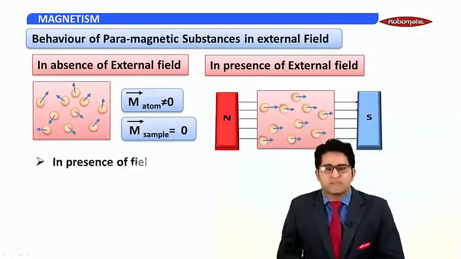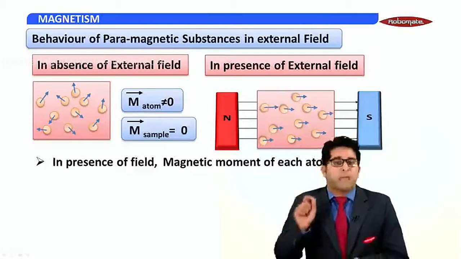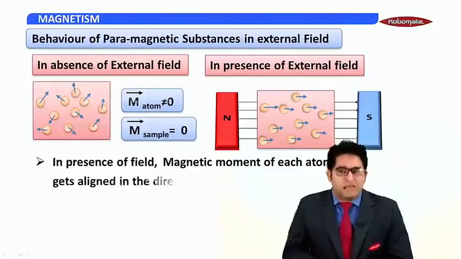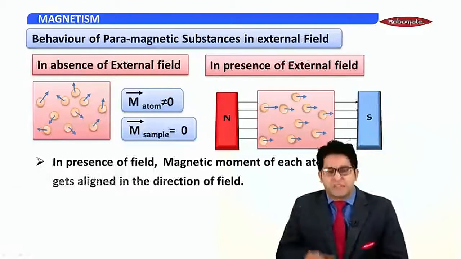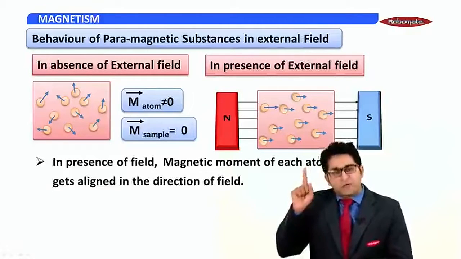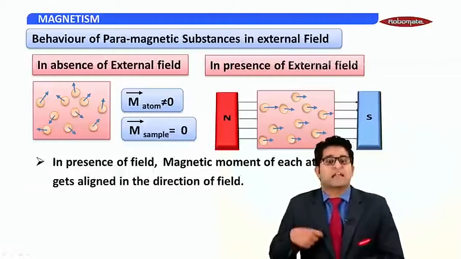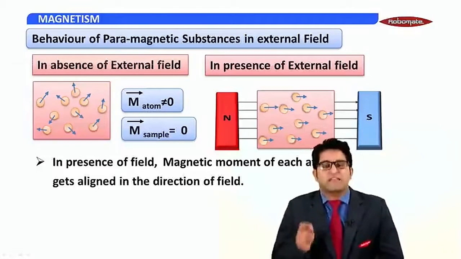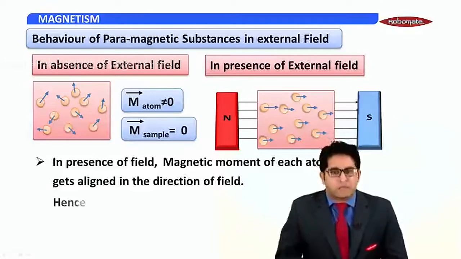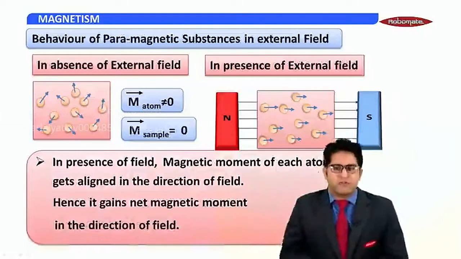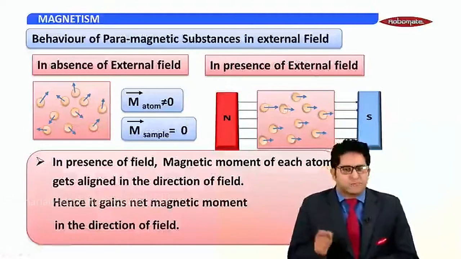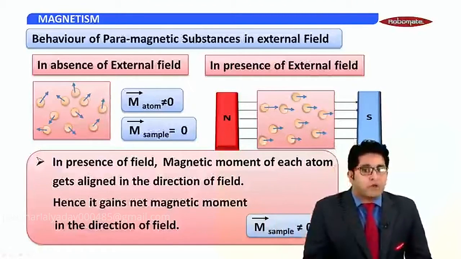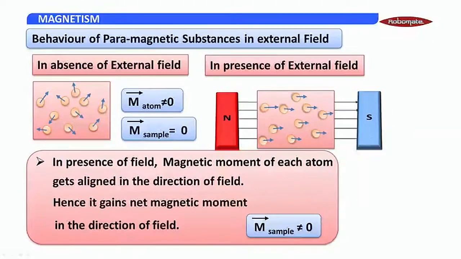Or I can say, in presence of the field, the magnetic moment of each atom gets aligned in the direction of the field. And once the magnetic moment of every atom is aligned in the direction of the field, the sample gains a net magnetic moment in the direction of the field. Thus in this case the magnetic moment of the sample is not equal to 0.